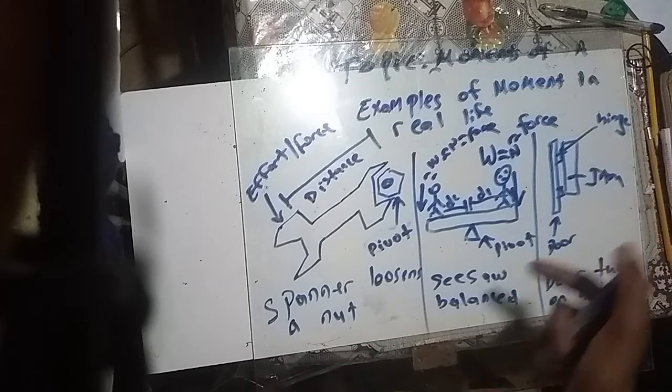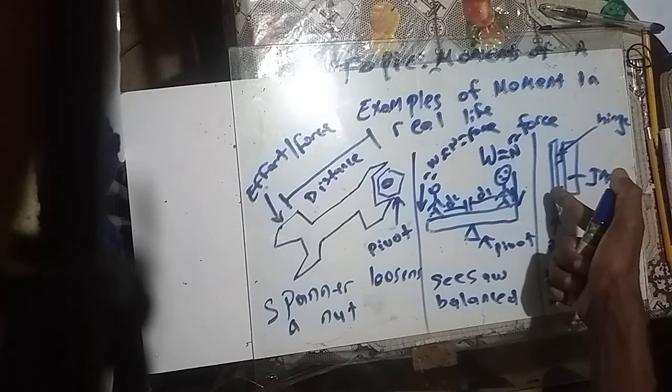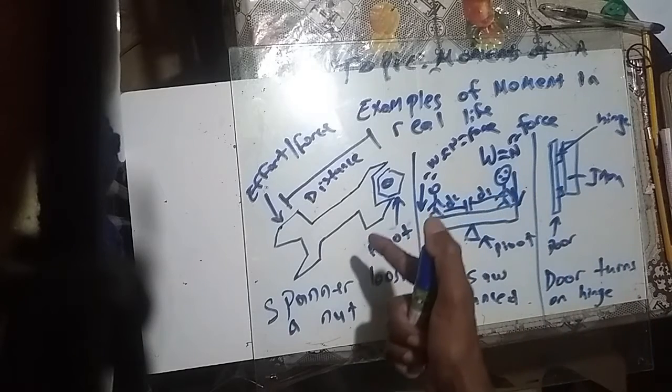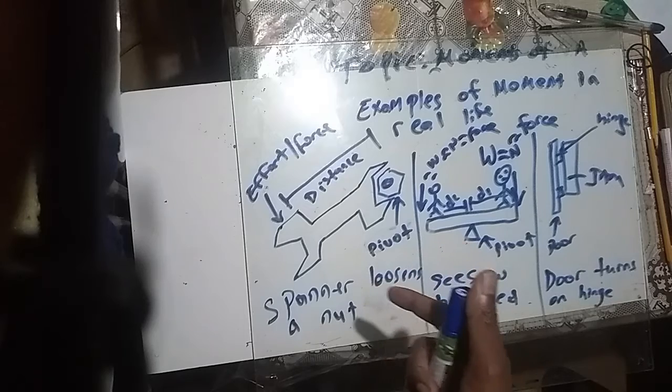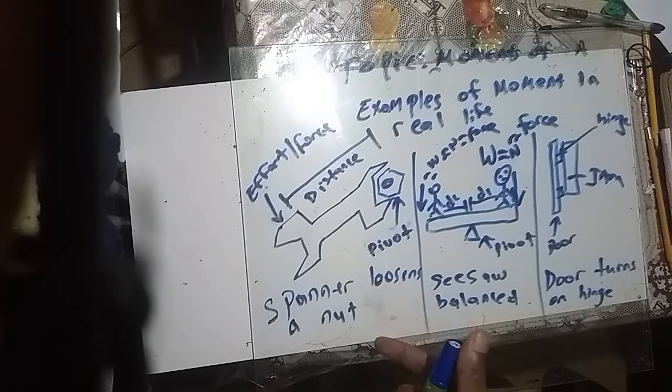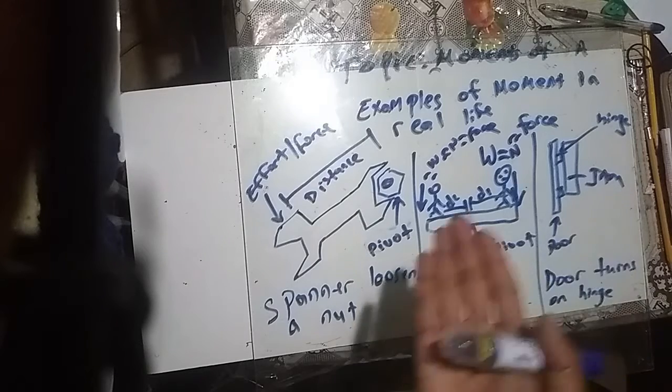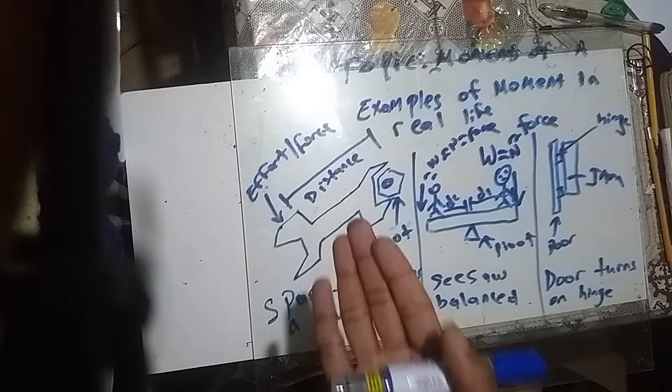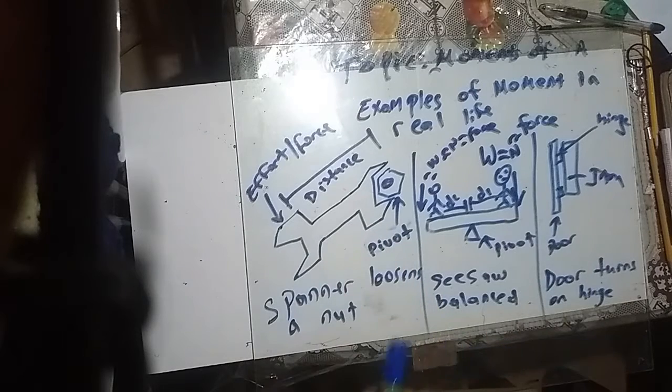But now take your hand and put it way out at the other end of the door. Hold on to the other end of the door and turn the door, and you will see that the door turns very easily. Why is that happening? Moments are happening there. Whenever a turning point is acted upon by a force at a certain distance away from it, then moments come into consideration.